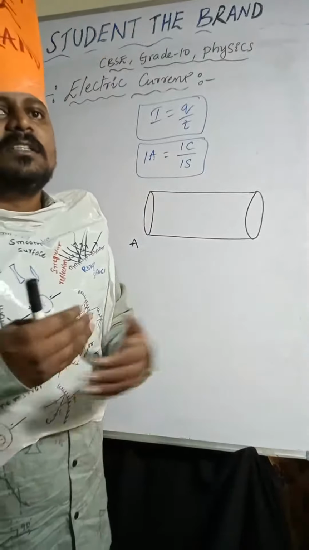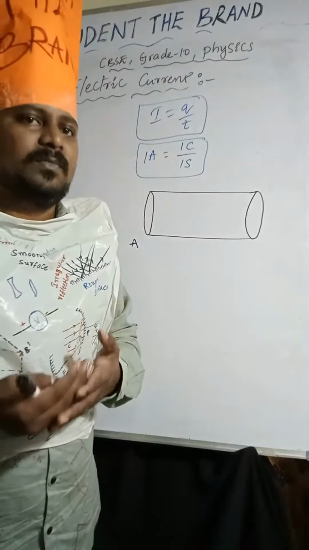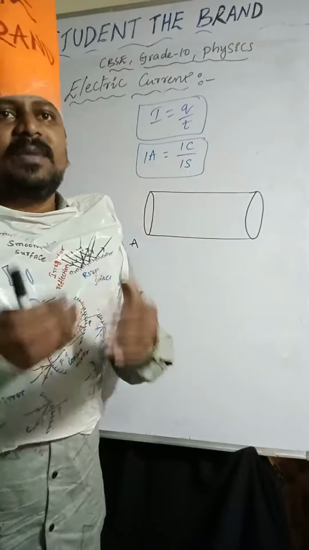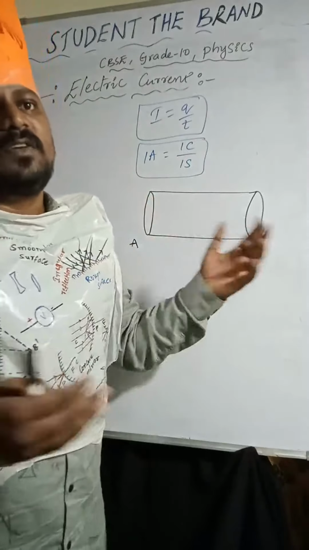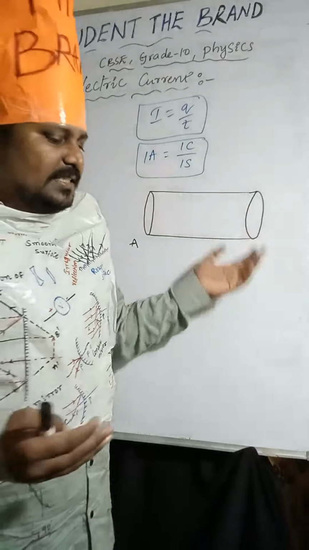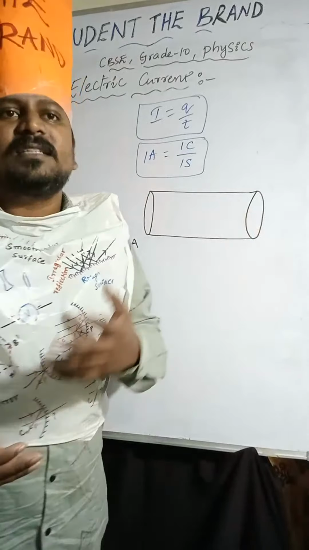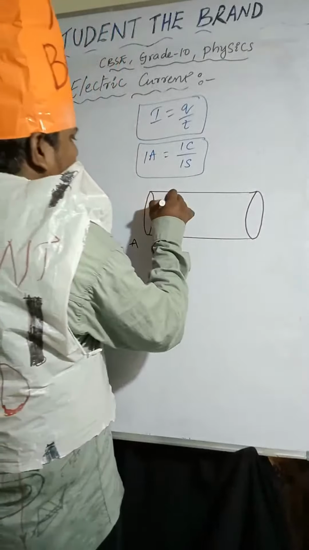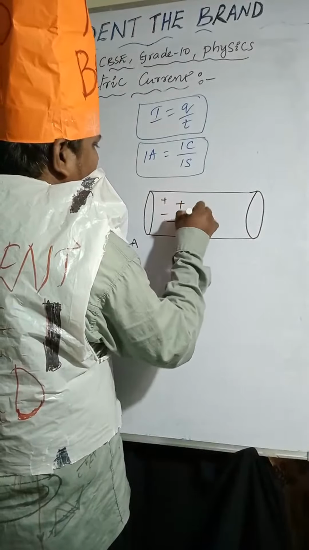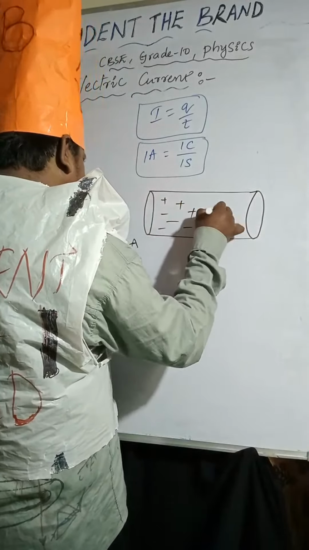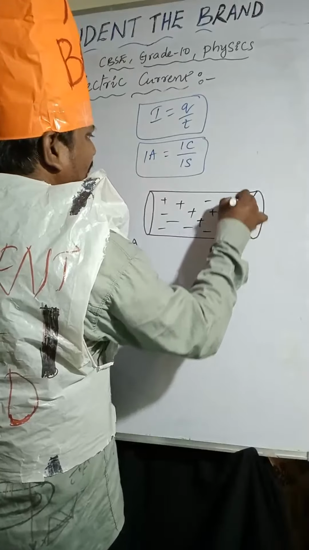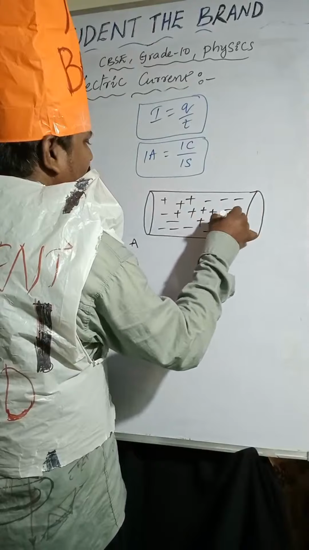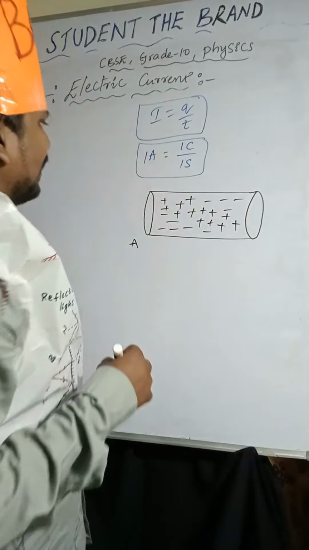Many charges, positive and negative, must be flowing inside the conductor, then only we can say current is flowing.